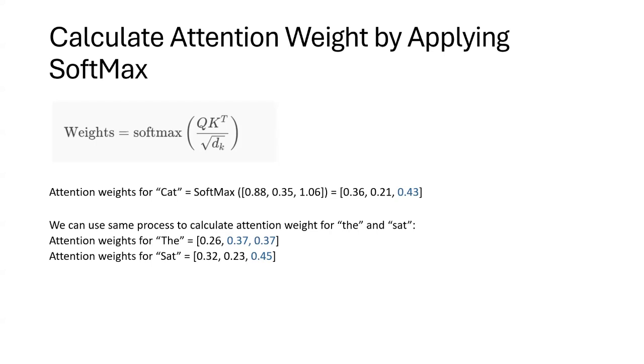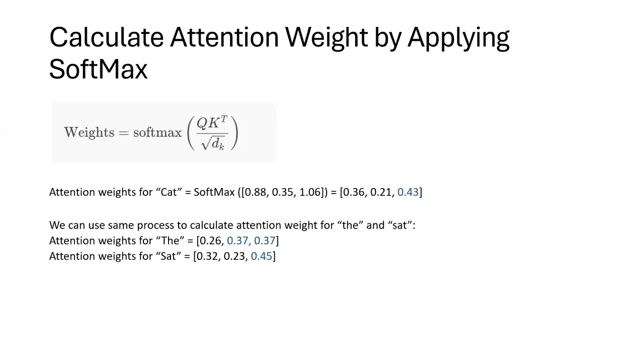There is a very important concept you will be able to understand if you see clearly the attention weight of the. It has 0.26 attention weight with itself. It has 0.37 attention weight with cat and 0.37 attention weight with sat also. So why is cat coming after this? Why not sat?